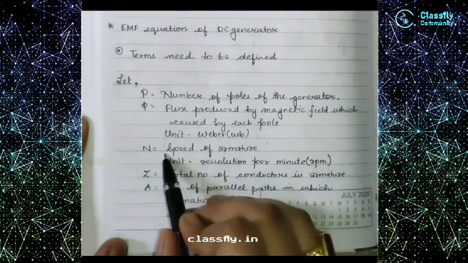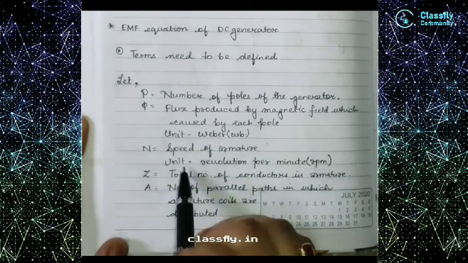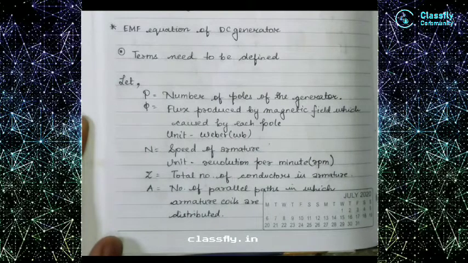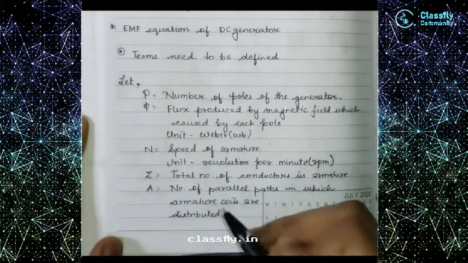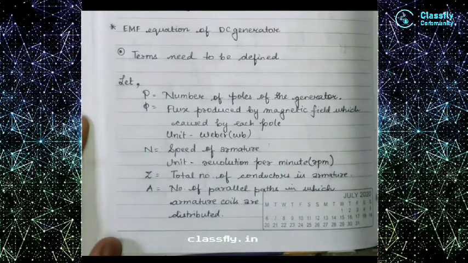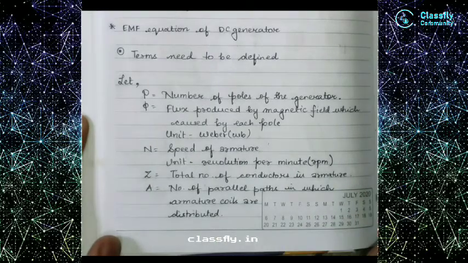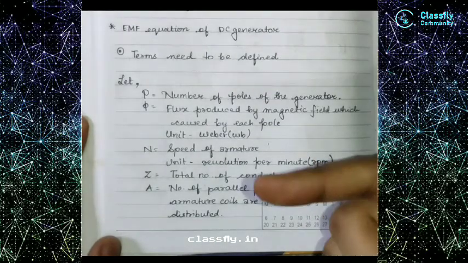The speed of the armature is denoted by N, whose unit is revolutions per minute, or RPM. Now Z is the total number of conductors in the armature, or I can say the total number of coils which are looped in the armature. And A is the number of parallel paths in which the armature coils are distributed, it is winded.